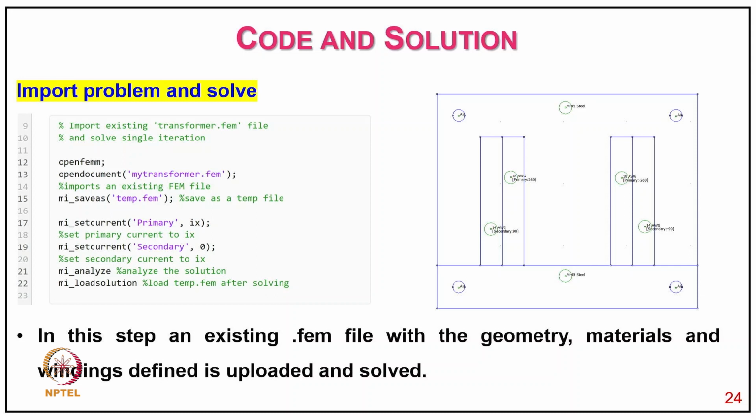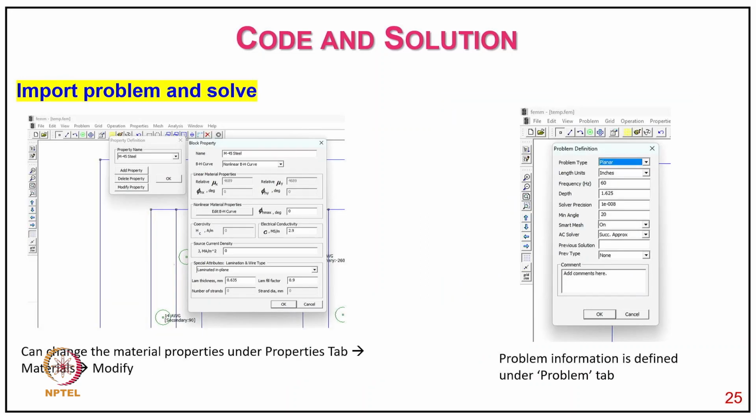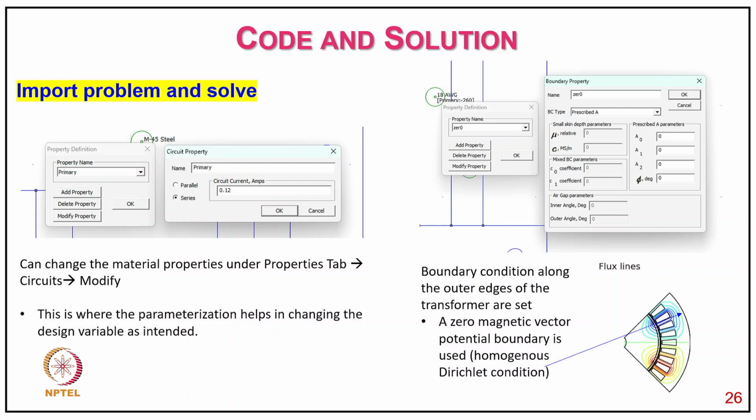In this step, an existing .fem file with the geometry, material and winding defined is uploaded and solved. Typically you can change the material property using the property tab, just as modified in this diagram, and then the problem information is defined under the problem tab.